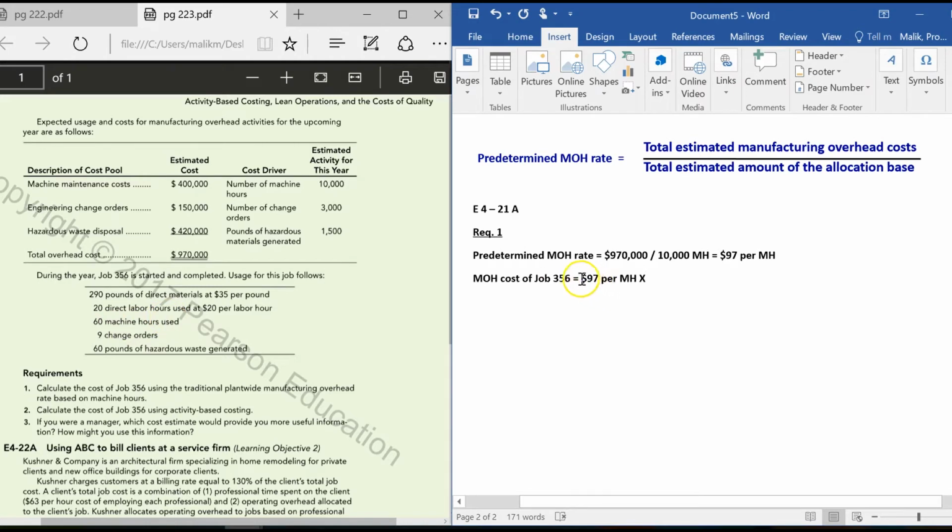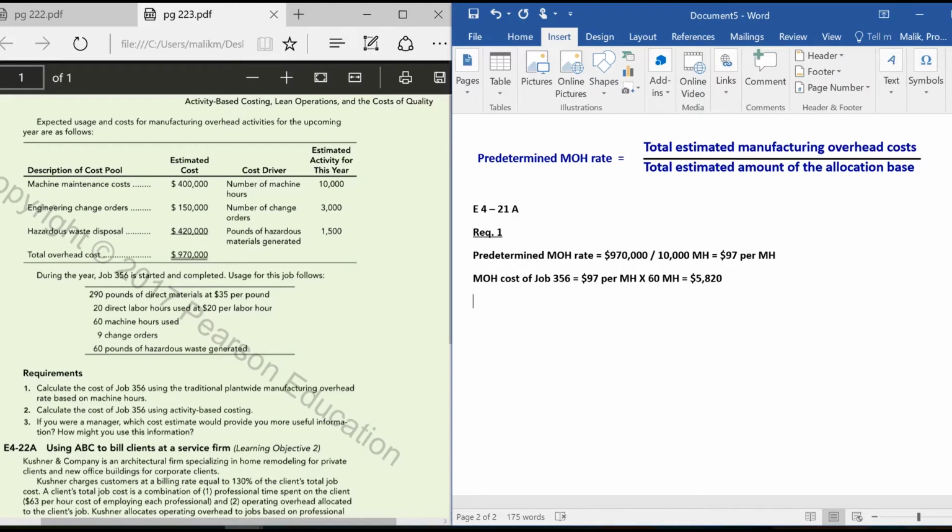So for every machine hour, the cost is $97 and they actually used 60 machine hours. So our manufacturing overhead cost of this job, job number 356, will be $97 times 60. And please check with your calculator, and that will give you $5,820.